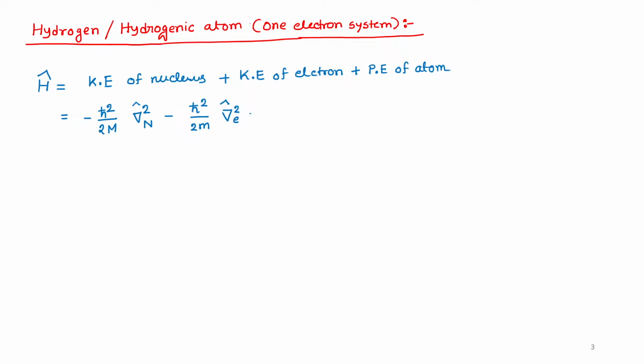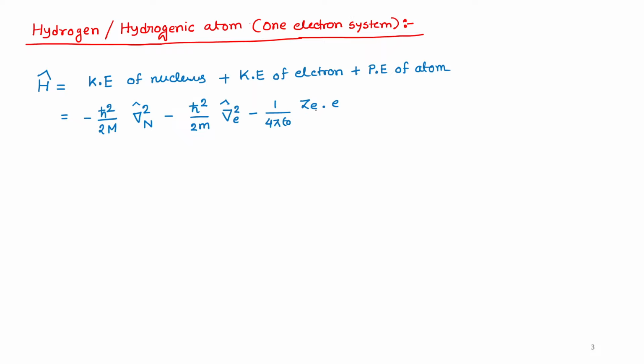And the potential term consists of 1 by 4 pi epsilon 0, where Ze is the nuclear charge of the nucleus, and e is the charge of the electron.